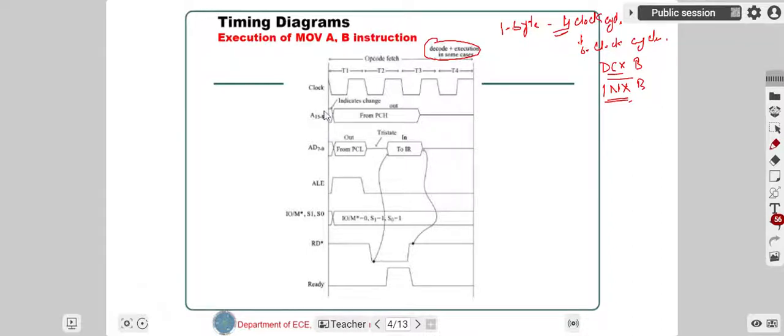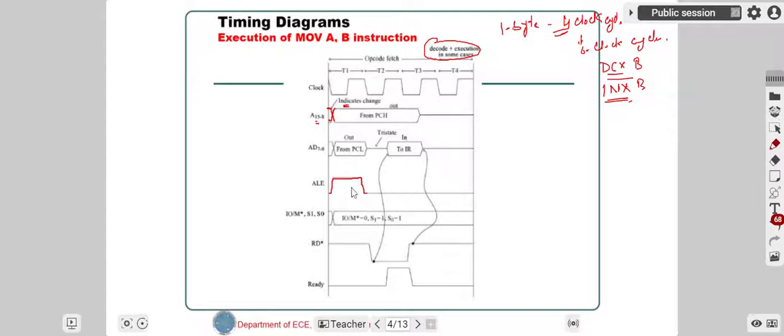What has been written here is that this transition from this state to this state, or this state to this state, means change. Okay. So this is some change here, and this change occurs due to the ALE signal.